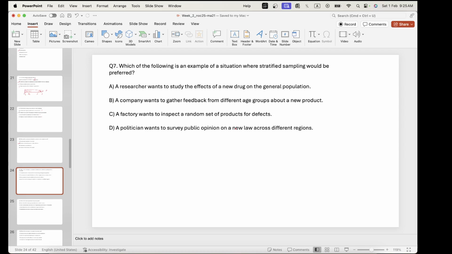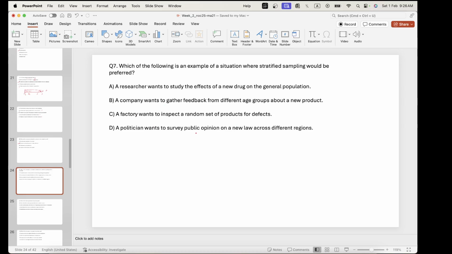Right, question number 7. Which of the following is an example of a situation where stratified sampling would be preferred? A researcher wants to study the effects of a new drug on the general population. A company wants to gather feedback from different age groups about a new product. A factory wants to inspect random sets of products for defects.